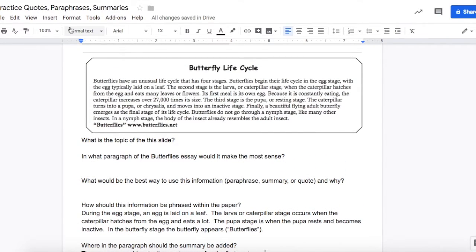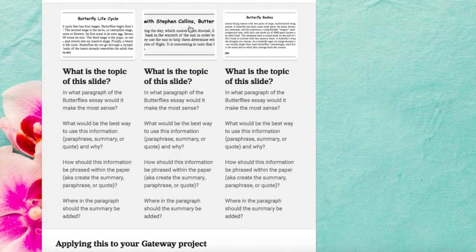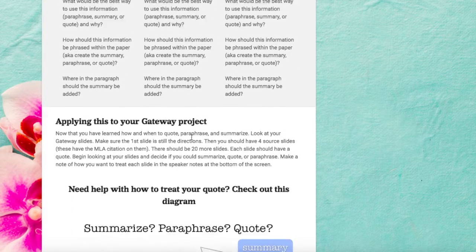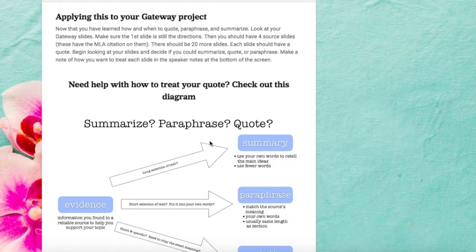Next up, you're going to look at that second example down here, and you're going to do that one on your own, and then we'll review it. And then this last one, you're going to be doing 100% independently. Okay? And the last step of all of this is applying it to your Gateway project, which means going through your Gateway slides. Each slide has a fact on it, and that fact is a direct quote.